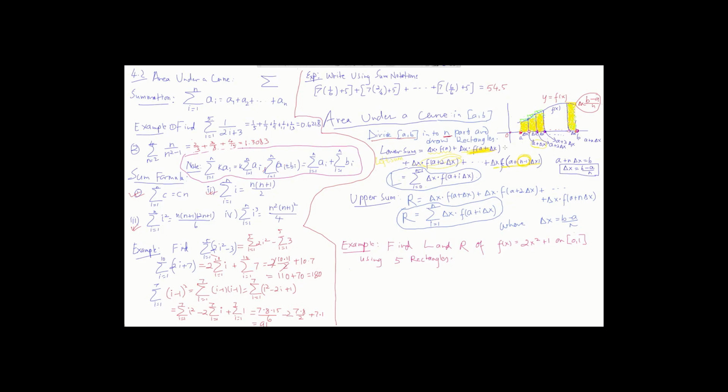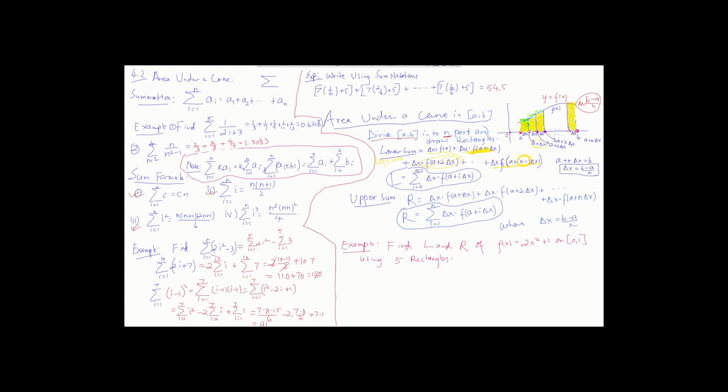Another one is, we do the same thing, but every time you find the area of a rectangle, you take the height as the right side. You see the green color there? For the first rectangle, the width is delta x, but the height is the right height. If you complete the rectangle and color it, this is what you get.